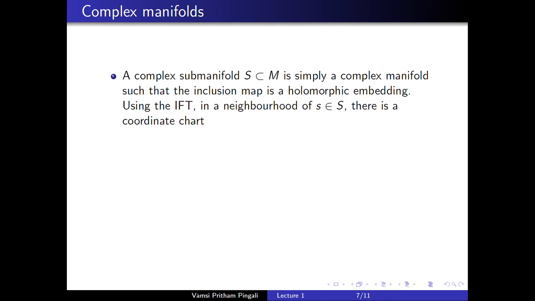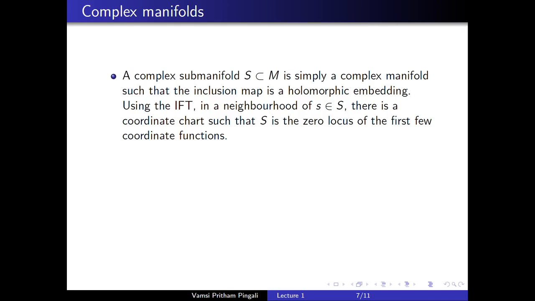And just like in the smooth category, if you use the implicit function theorem around every point here, there is a holomorphic coordinate chart such that this is given by the 0 locus of the first few coordinate functions, right?